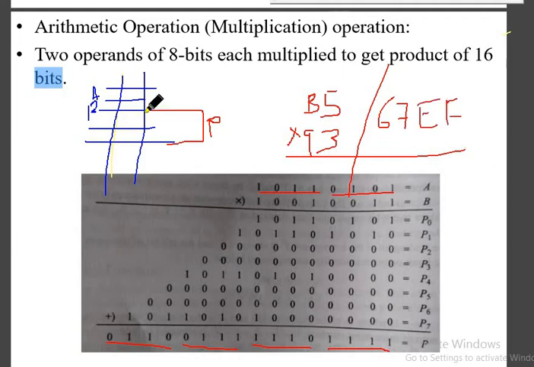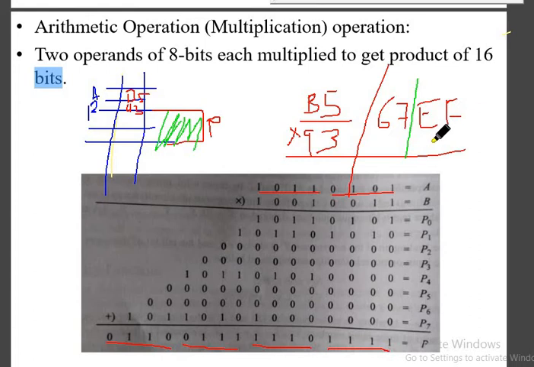Here B5 is possible because it is 1 byte and the operand is also 1 byte. What is the second? 93. But we cannot store 67EF in only one position, so for that reason I took 2 positions. Here you can see 2 positions, one is this and one is this. Now using little endian or big endian, split the number into 2 halves.